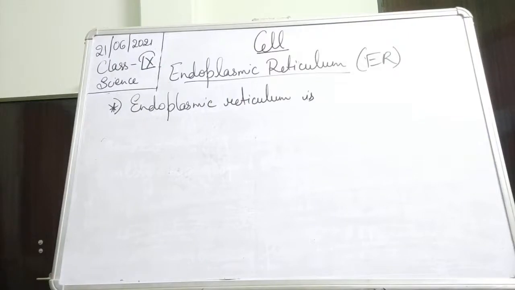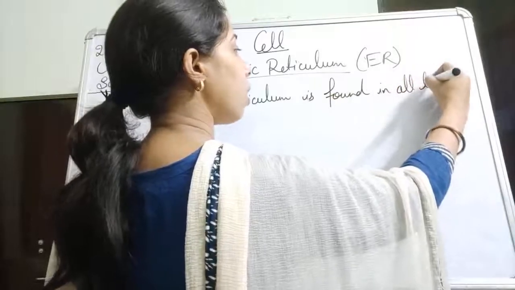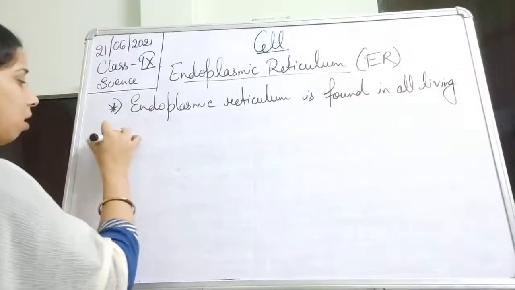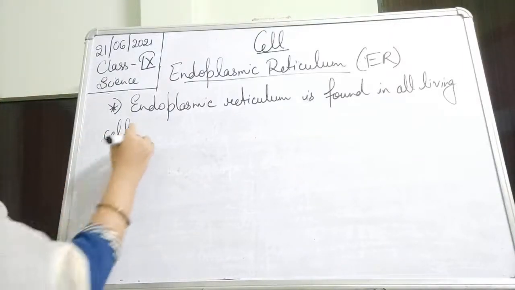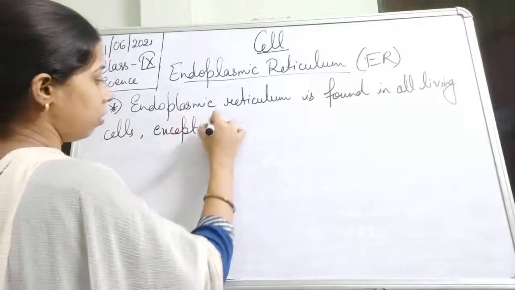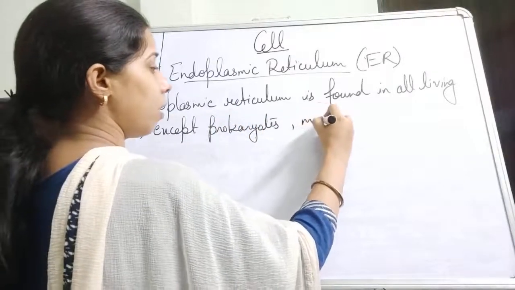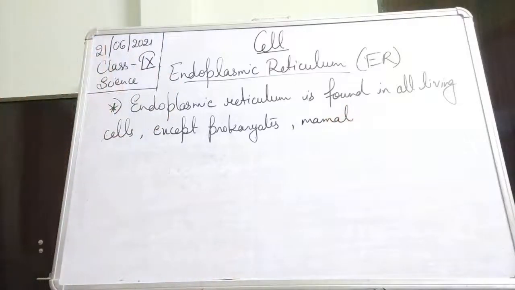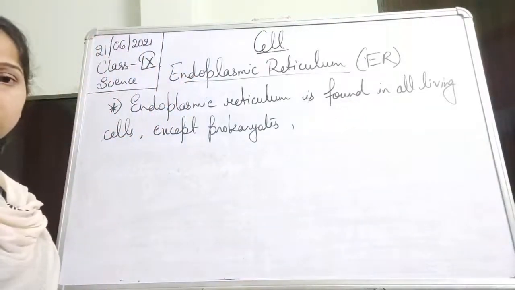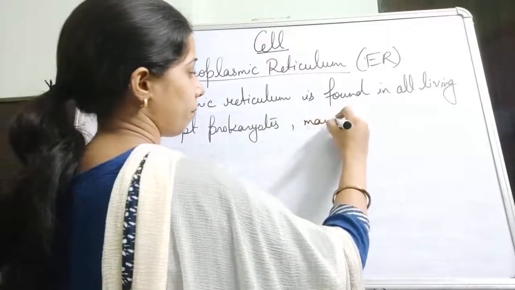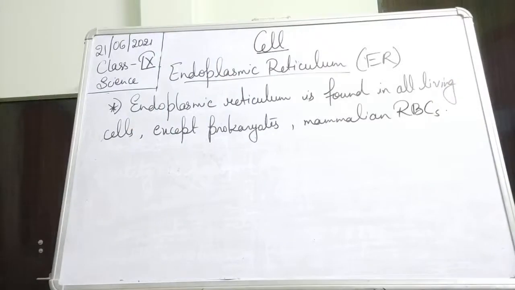So we can say here that ER, endoplasmic reticulum, is found in all living cells except prokaryotes and mammalian RBCs.